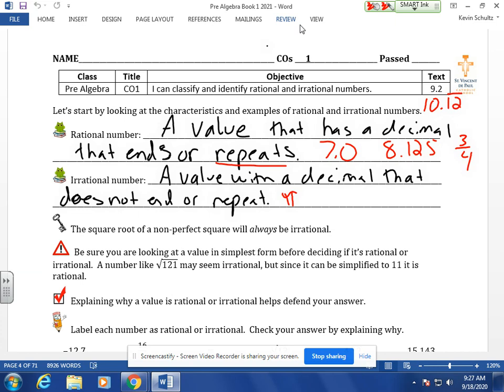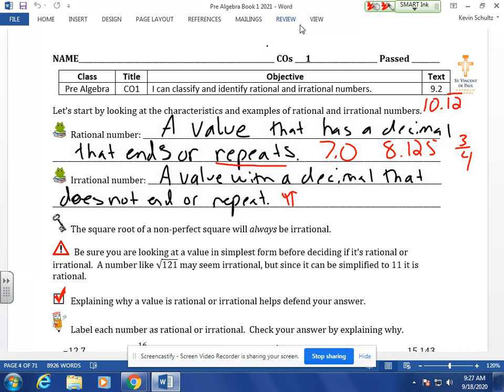Okay. Does anyone know any other examples of irrational numbers? What's the symbol, the mathematical symbol for a decimal that does not end or repeat? I mean, we can obviously see if the decimal ends because it stops, like 8.125 stops. If it does repeat, it's got that bar over it.